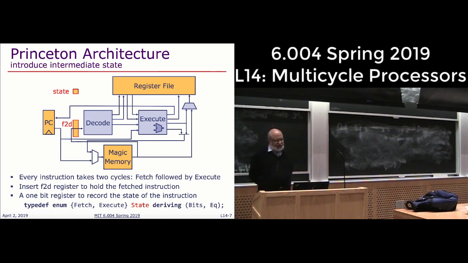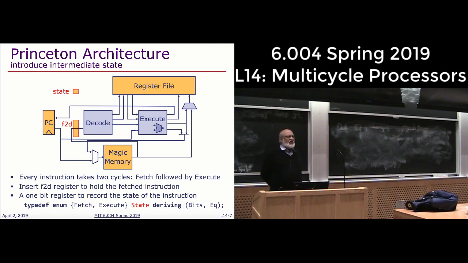We will just fetch it, right? So remember, if I have fetched it and I have to remember the instruction until the next cycle, I have to have a register. So let's introduce a register. I will call it fetch to decode register. So the instruction that comes back from the memory, I put it in the fetch to decode register. Now I'm ready to go to the next cycle.